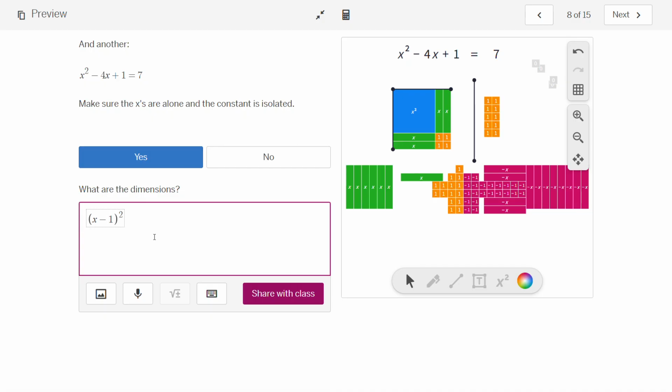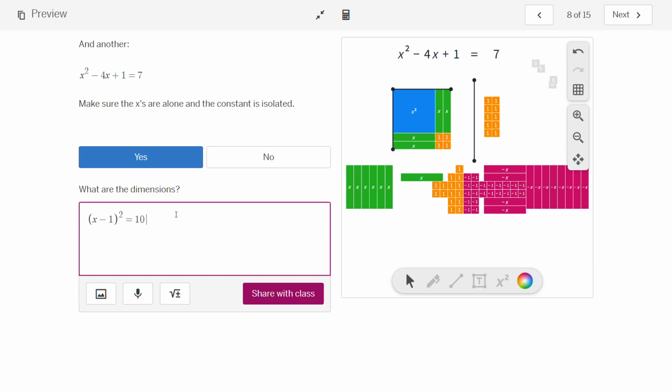Then that's going to be equal to 10 on the right side. So that's x minus 1 squared equals 10 in terms of our new polynomial in terms of this problem here.